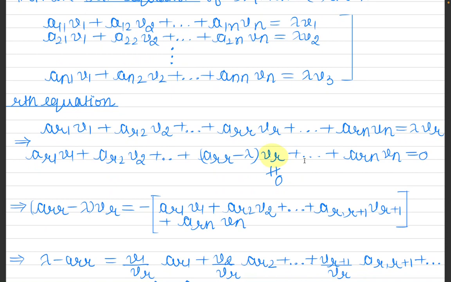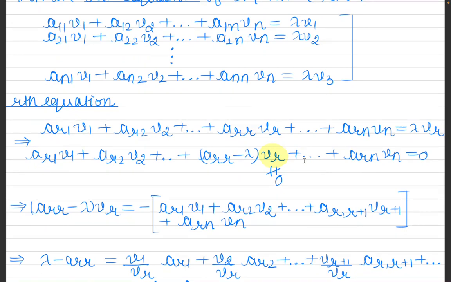You will have A1n Vn, then equal to lambda V1. Yes, the first equation will be lambda V1, right?